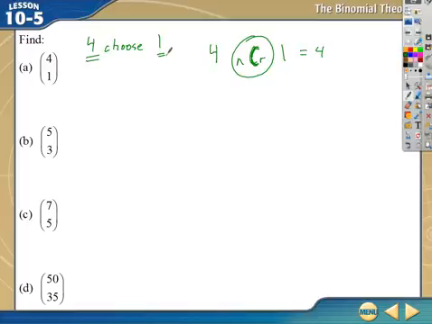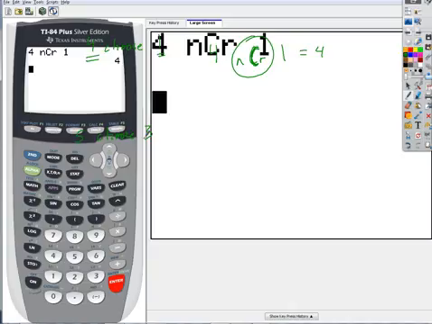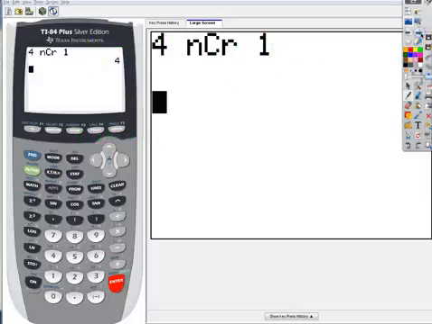So what happens on this next one when I say, hey, I have 5 things and I want to choose 3? How many different ways can I pick 3 things from a set of 5? Ooh, that's a little bit more complicated. So again, I go to my calculator and do the same thing.